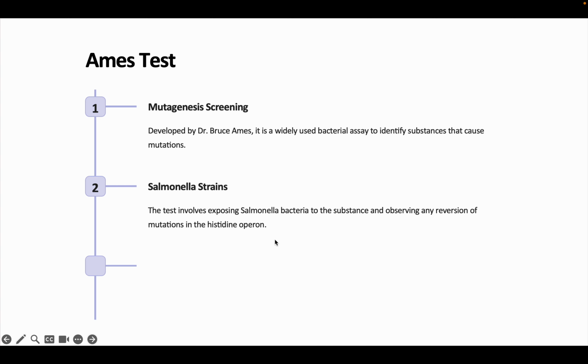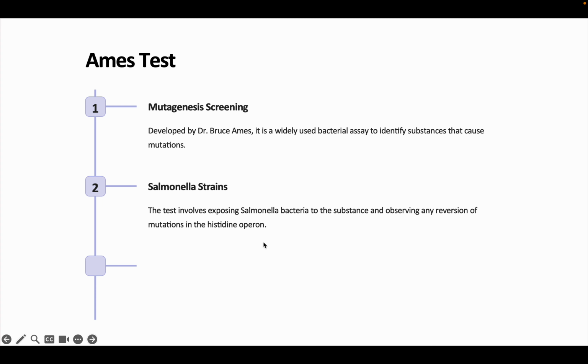So this test checks, in this setting, if you put some chemicals, can you reverse this histidine requirement? The bacteria cannot grow because they don't have histidine, but is it possible that we put some chemicals and now these bacteria start growing and form colonies? This test basically uses this, but there are other techniques which can be used apart from Salmonella.